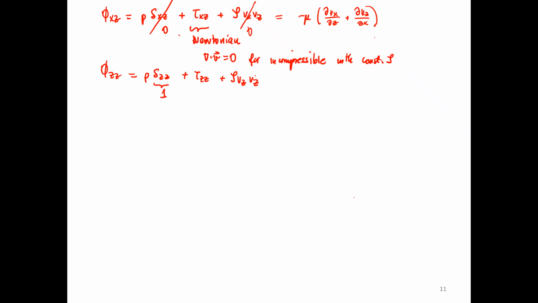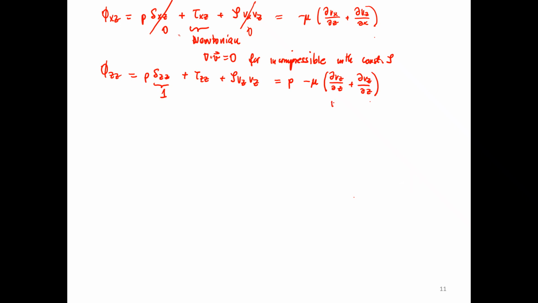So what is my tau zz by definition? Not a 0. Minus mu times the derivative of Vz with respect to z, which will be 0, but by definition is this. And then the divergence part is 0 anyway, so I'm not going to write it down.